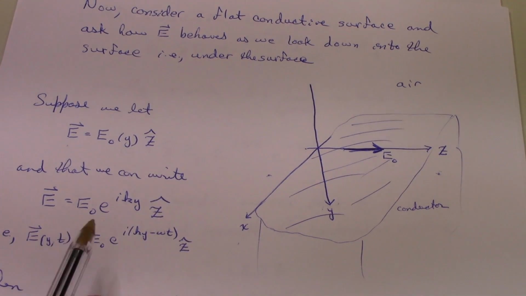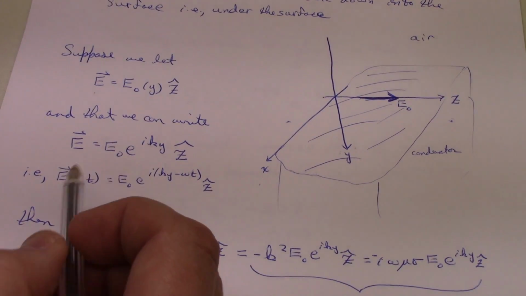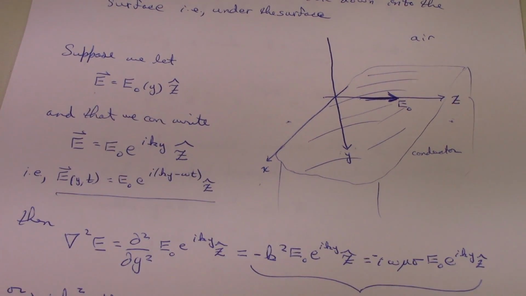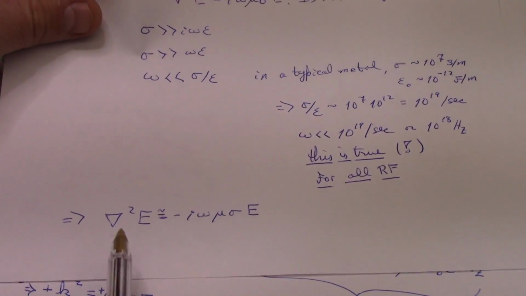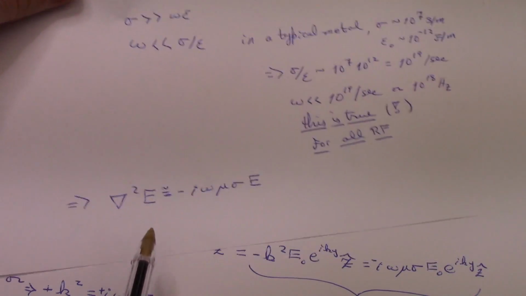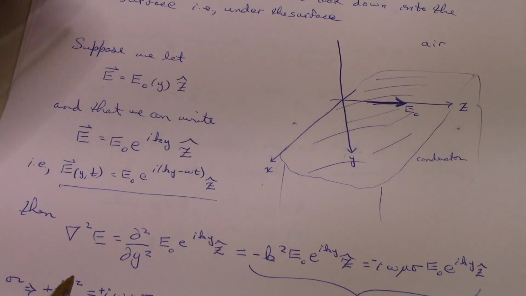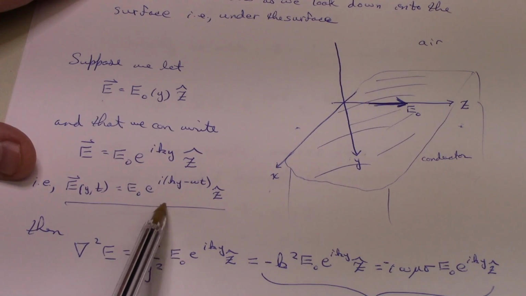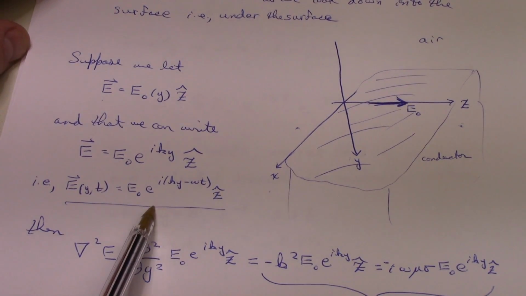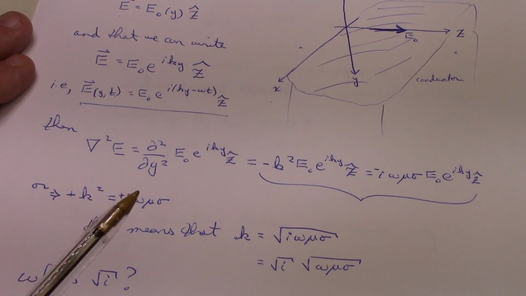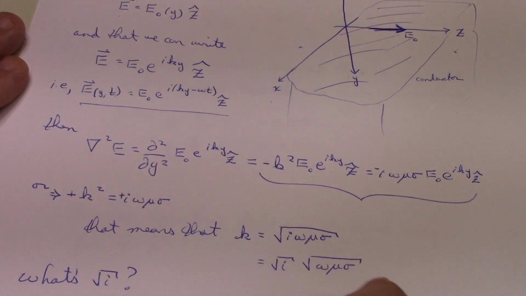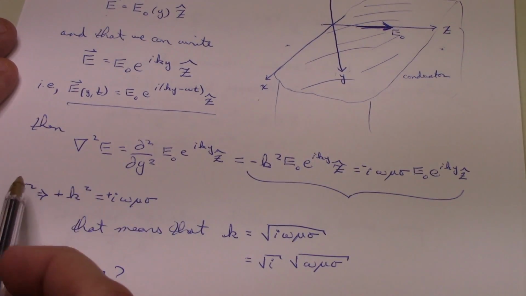So we're assuming that the electric field can be written in this form. Then we're going to substitute it into the equation that we just derived, and find out what k needs to be in order for this form of the solution to work. All right? This is a standard trick that we use to solve these equations.